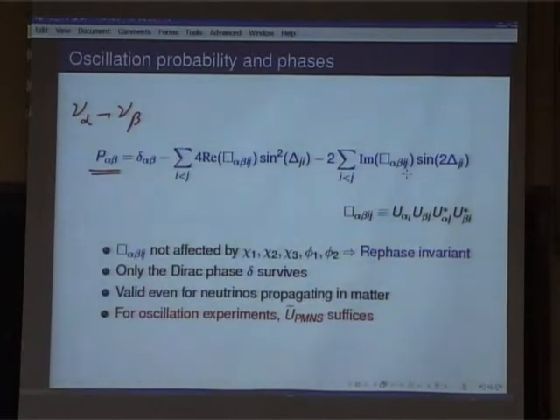So therefore, when we do oscillation experiments, we never consider chi phases and phi phases. We only consider this U tilde. So this U tilde was R23 of theta 23, U13 of theta 13 and delta, and R12.